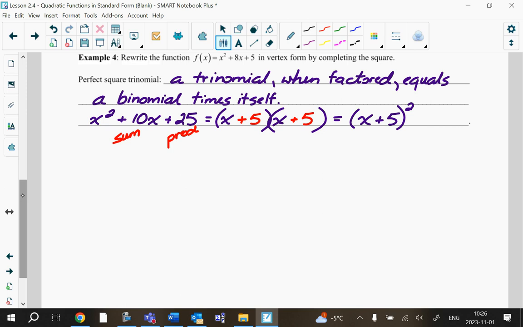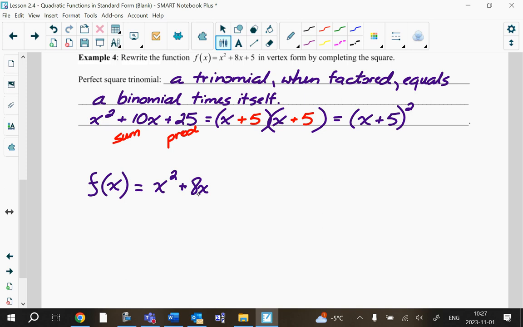Okay, here's what we do. First of all, look at this. Could I factor this?